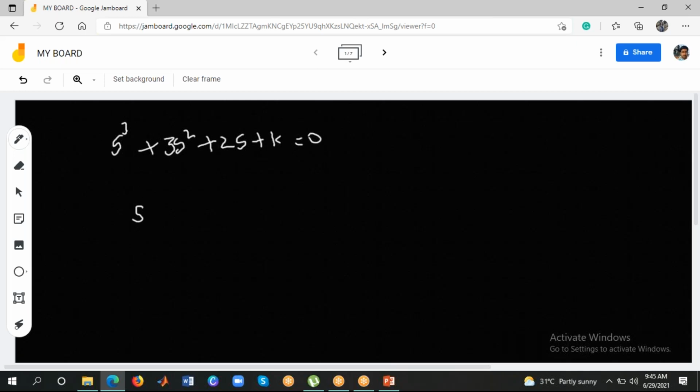So S cube, S square, S power 1, S power 0. The highest order is odd, right? So you get the odd coefficients 1, 2, next 3, K. What will we get? 6 minus K divided by 3, and here 0.